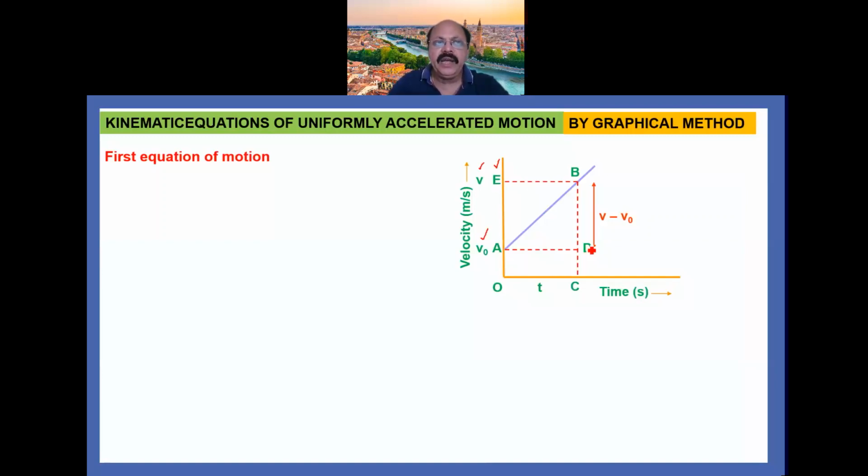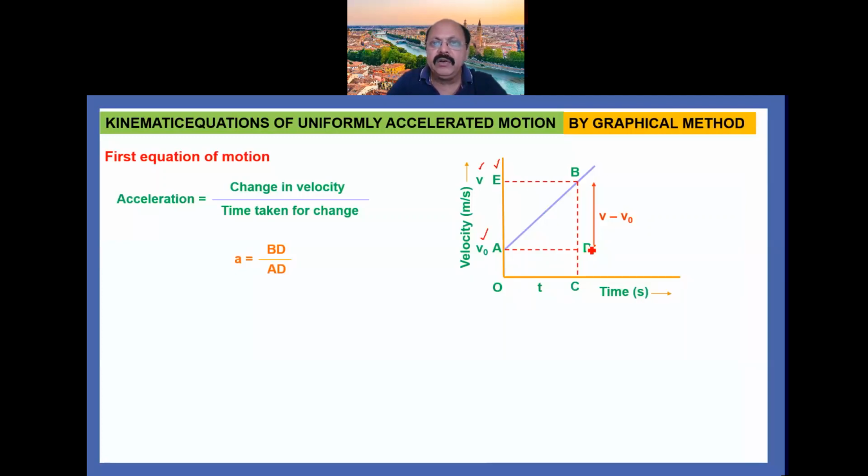Now one by one we derive the first equation of motion. We know that acceleration equal to change in velocity upon time taken for change. In my earlier video I already explained that when we calculate the slope in a VT graph, that is in a velocity time graph, it gives you the acceleration. So the same concept we have to apply here and find the slope of this VT graph, which is equal to the acceleration.